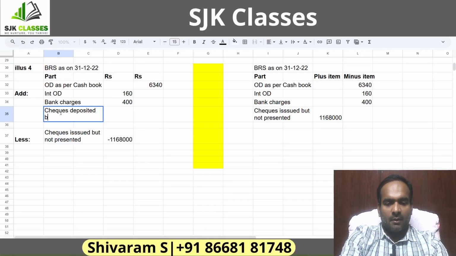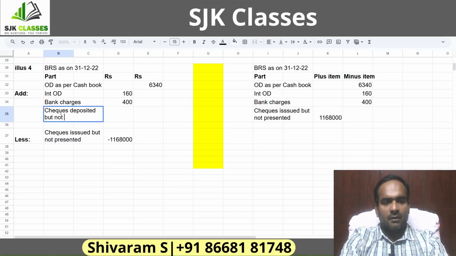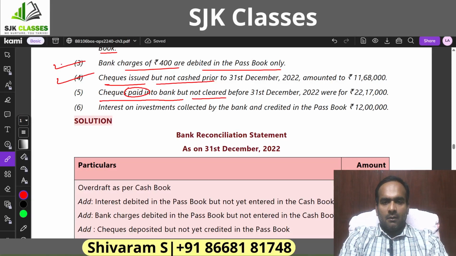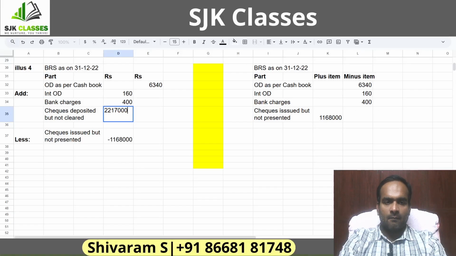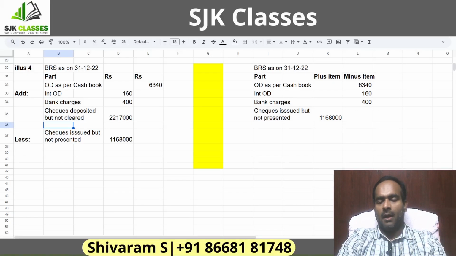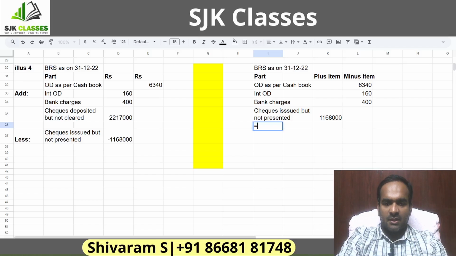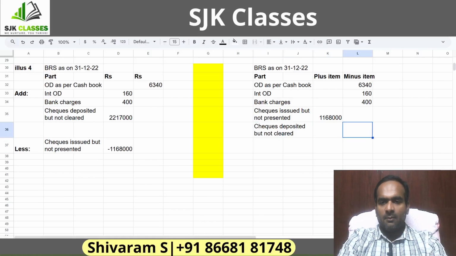Checks deposited but not cleared. What is the value? 22,17,000. And those who are following this presentation, what you will do? You will be showing the amount in the negative column. So it will be shown in the negative minus column. Next one.